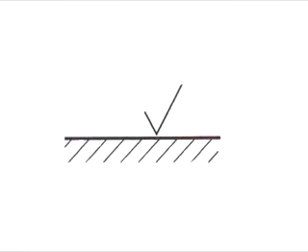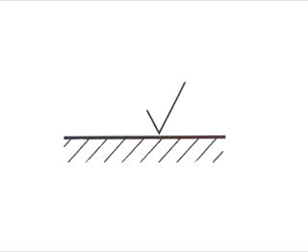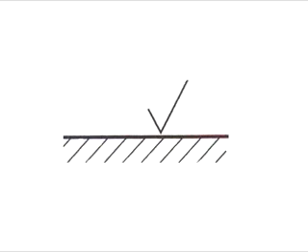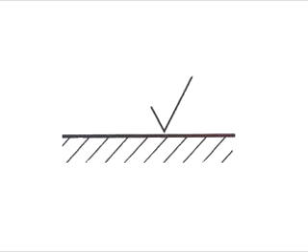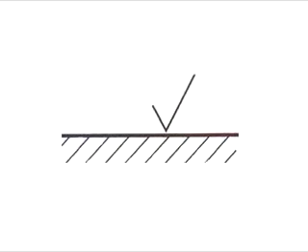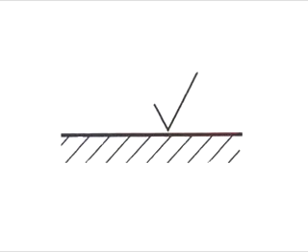Now, here's a symbol that looks a lot like the other one. But notice in this case that the triangle isn't closed. If nothing else appears close to this mark, it indicates that the surface to be machined can be finished by any method. In other words, surface finish isn't important.